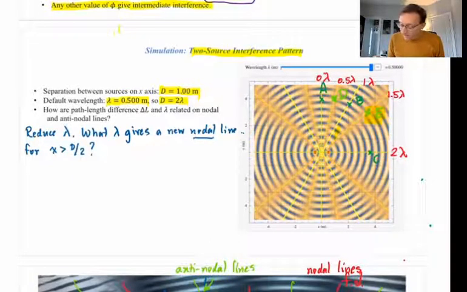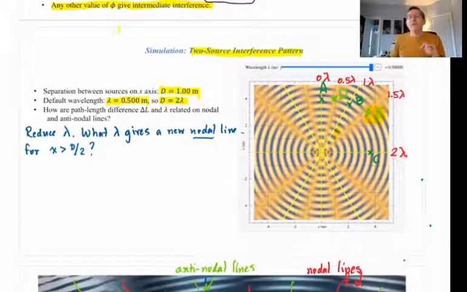Okay? So, to the right of the two sources on the x-axis, right now, that's an antinodal line, a region of fully constructive interference. What if I want it to be a nodal line, fully destructive interference, and I'm allowed to vary the wavelength, lambda? What wavelength should I pick?